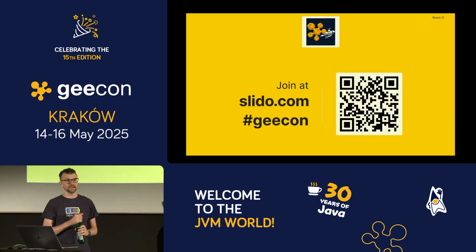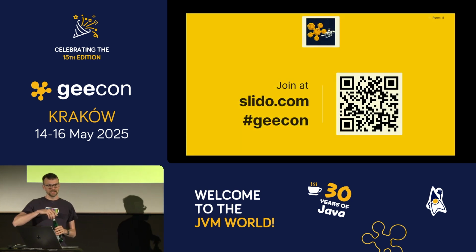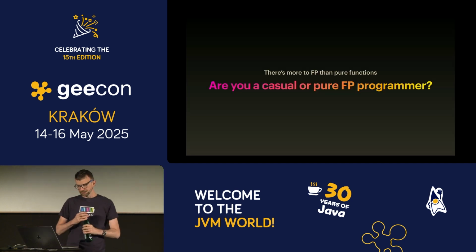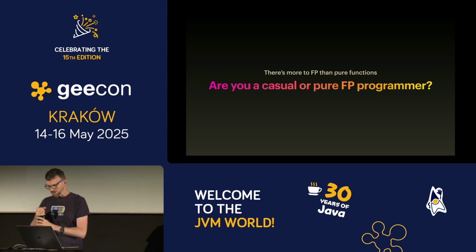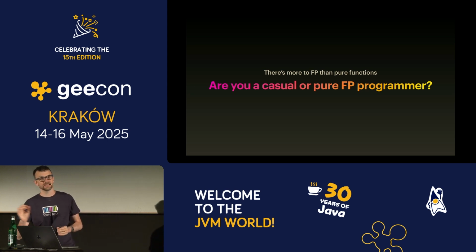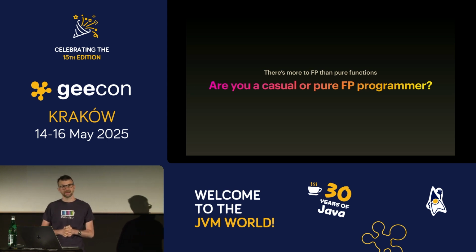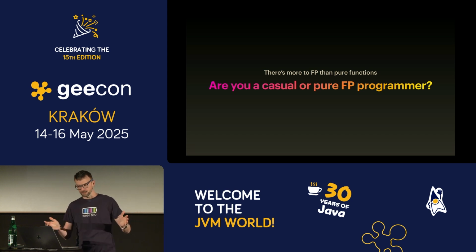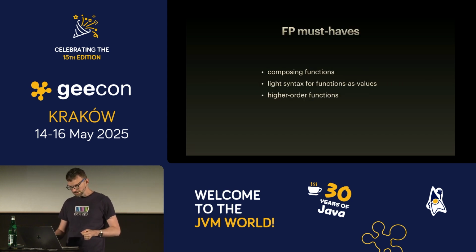First of all, maybe now you have some questions, so you can go and ask them. You might take the checklist and wonder if you are more of a casual or a pure functional programmer, or maybe not into functional programming at all. That's of course fine.